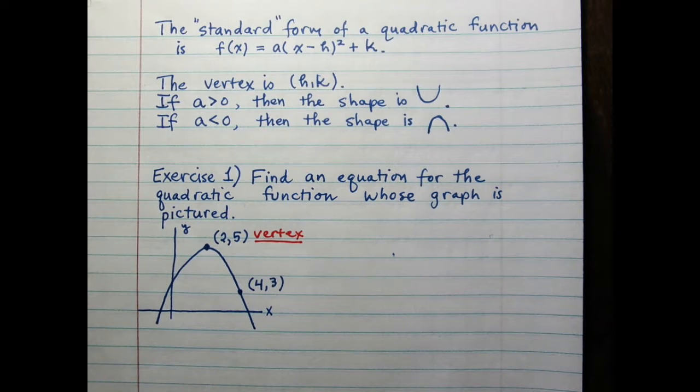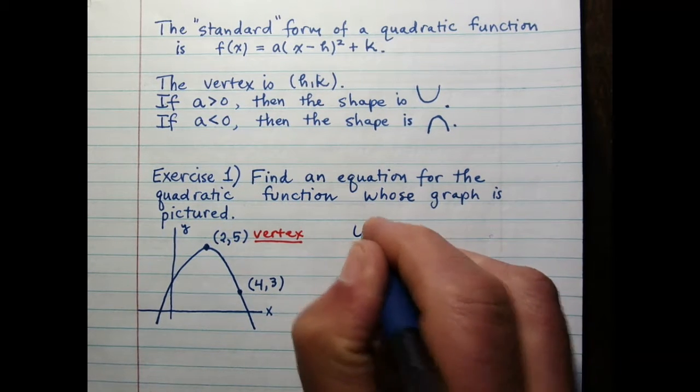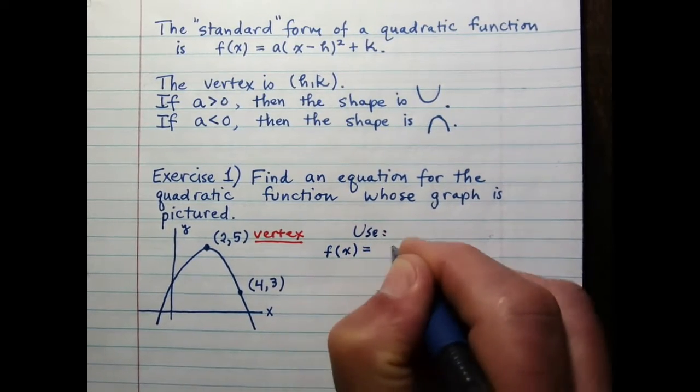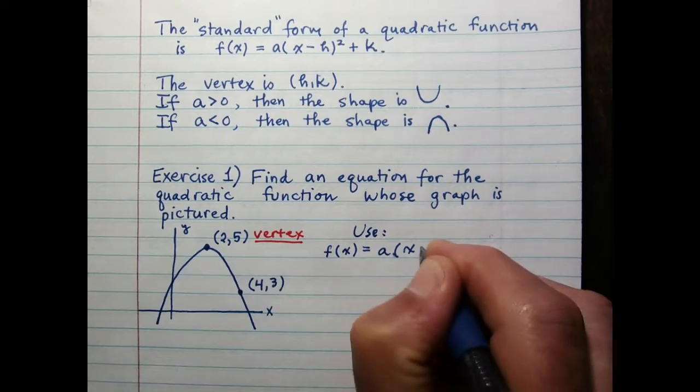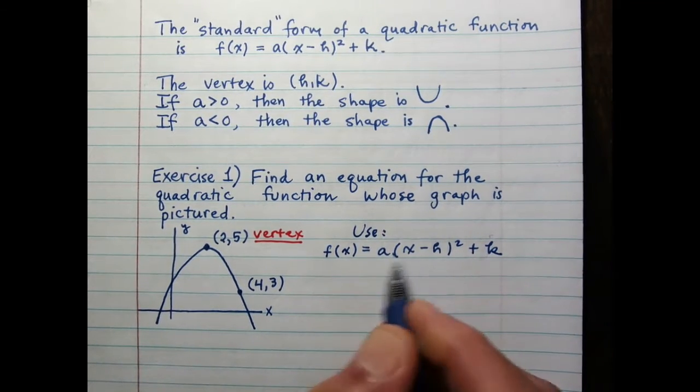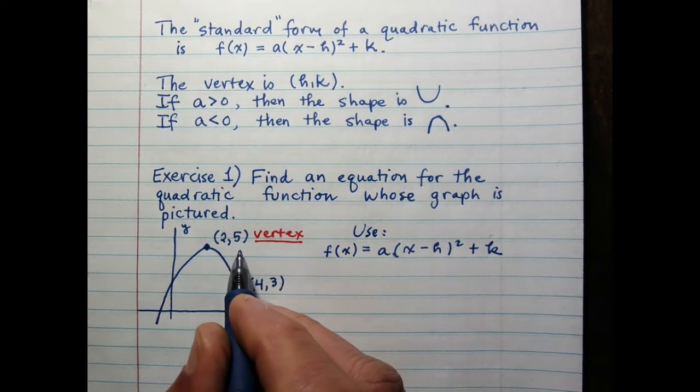And so we're going to use that form f of x equals a times (x minus h) squared plus k, because that's useful when you know the coordinates of the vertex.